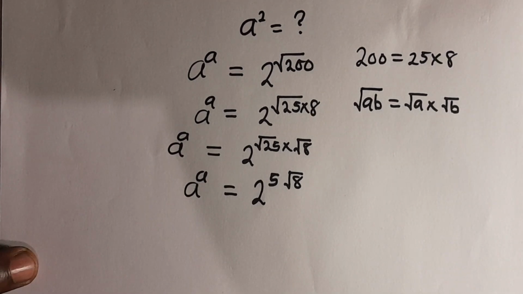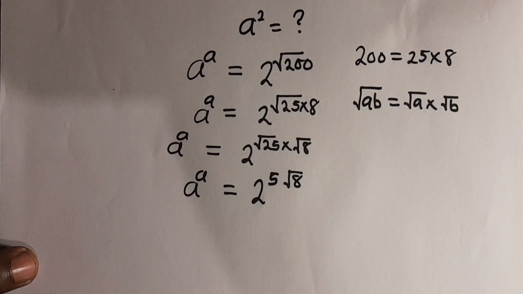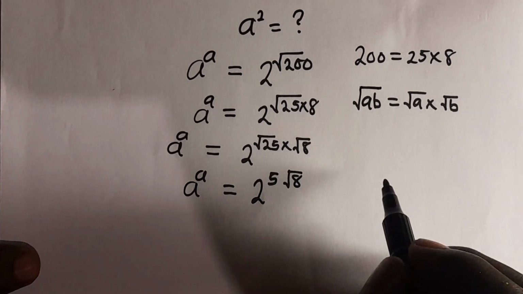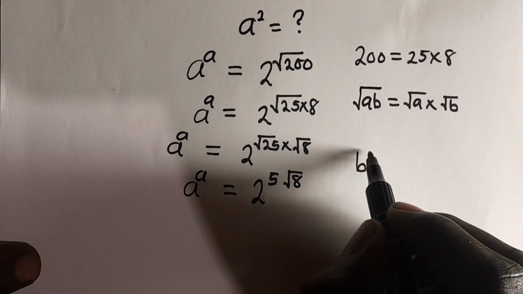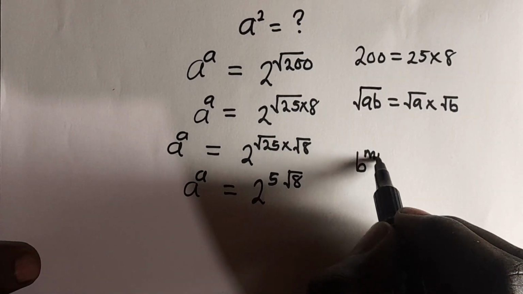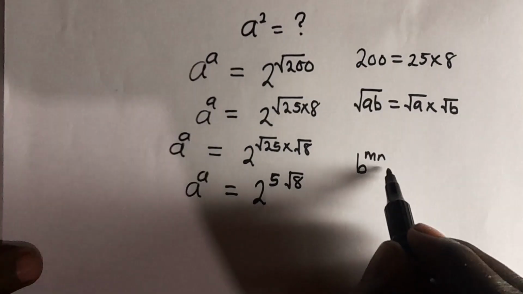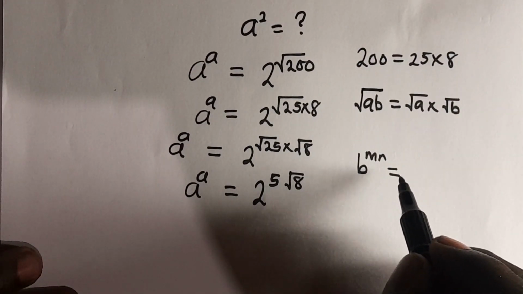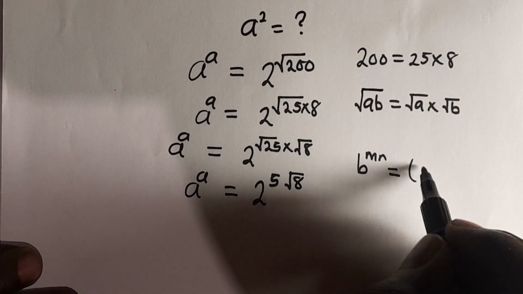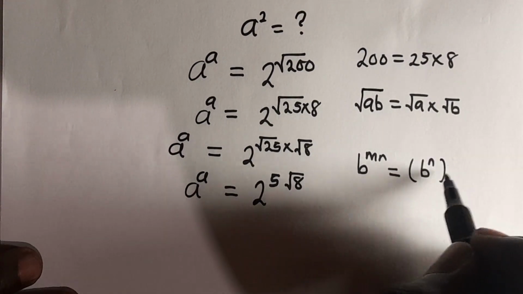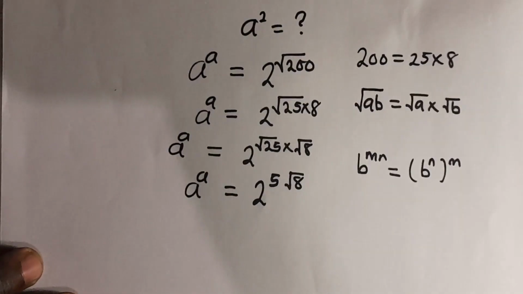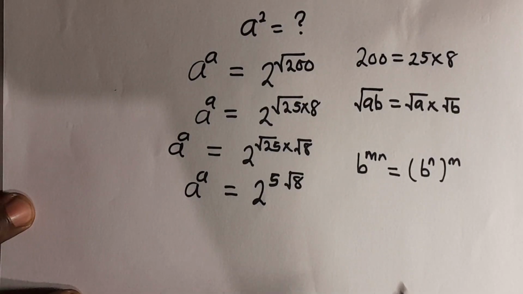So in indices, when you have b raised to power mn, this can be simplified to be equals b raised to power n and raised to power m. This is the law of indices.